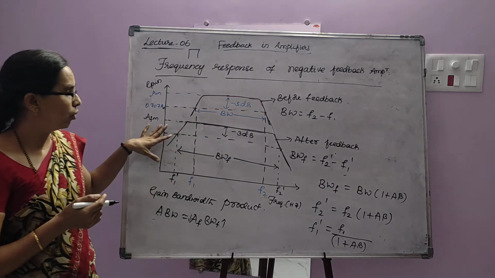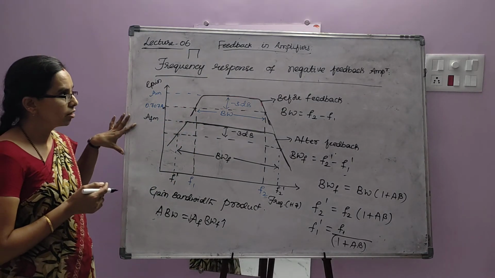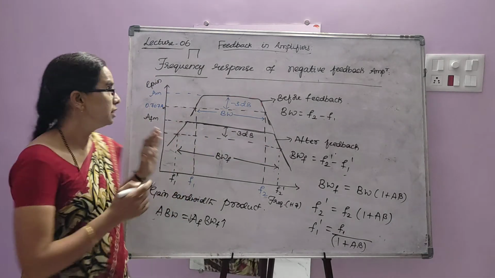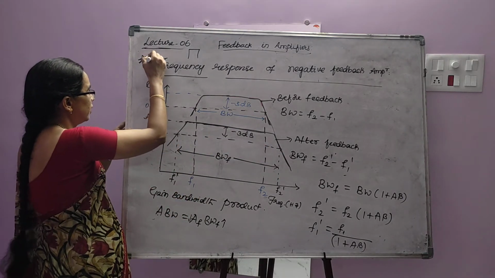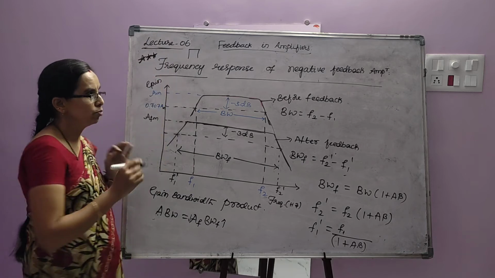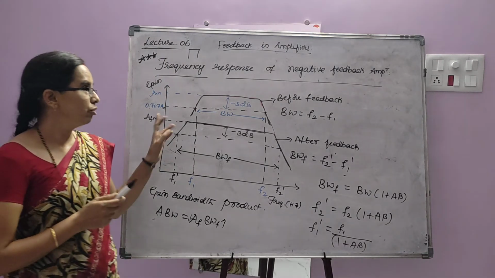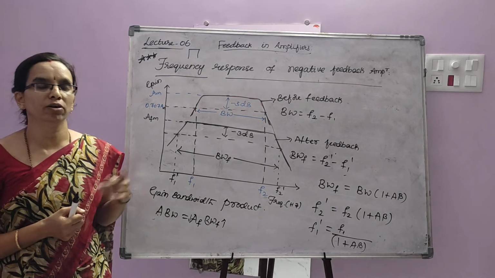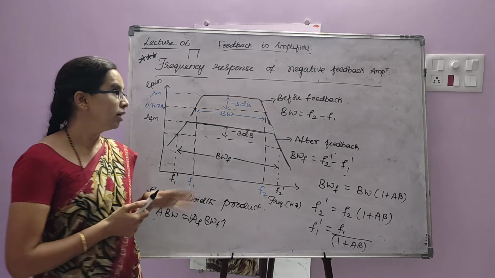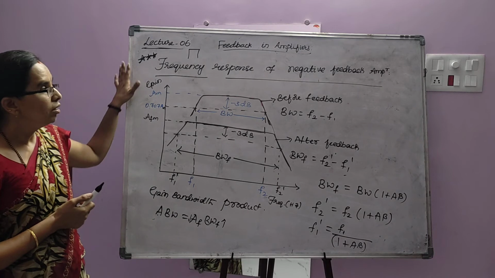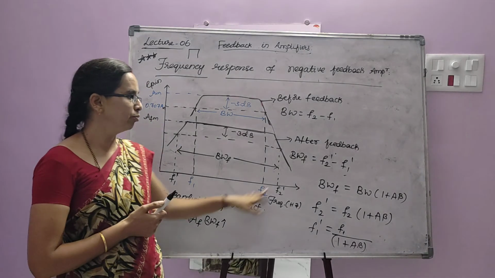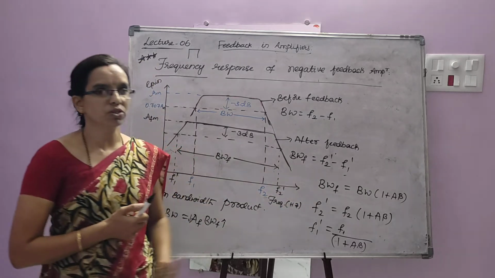So we have drawn the frequency response curve for both before feedback and after feedback. This is a very important question and asked in the examination so many times, to draw the frequency response curve of the feedback amplifier before applying the feedback and also after applying the feedback. In that time we have to draw the curve, mark all these points along with the gain bandwidth product, and these expressions you have to write.